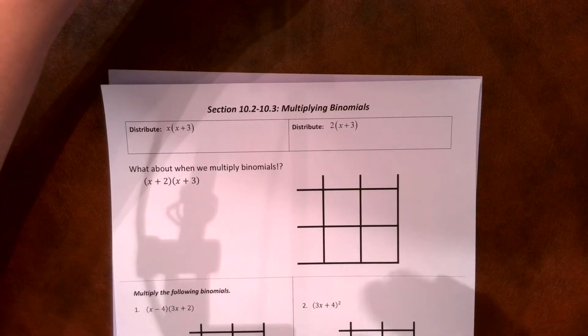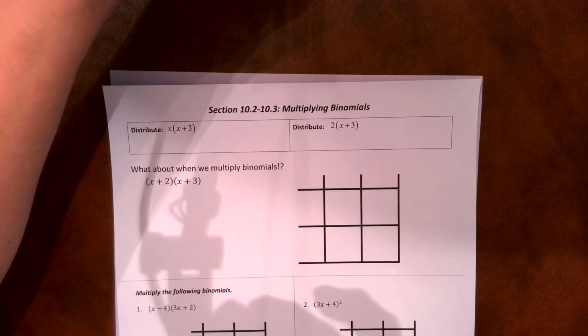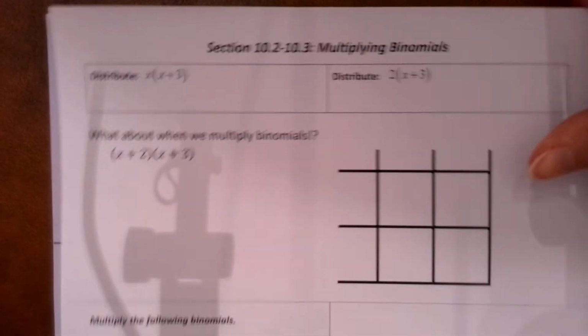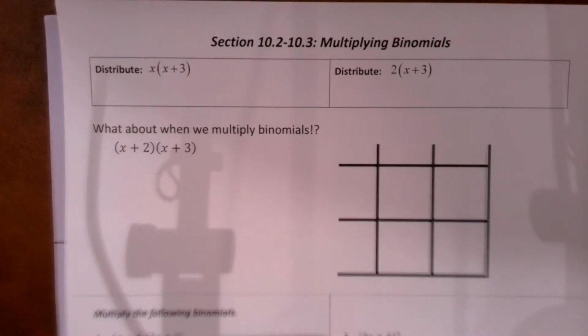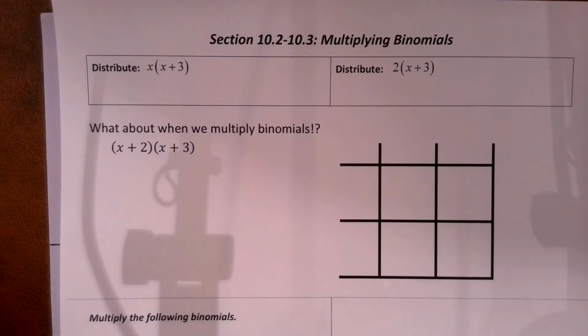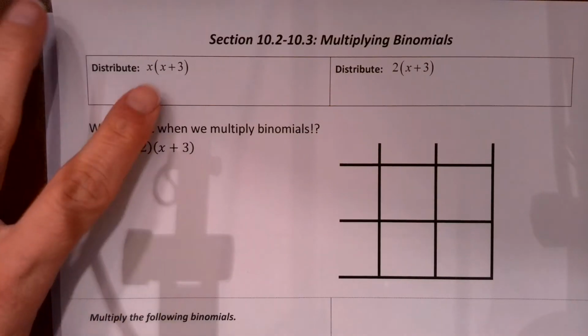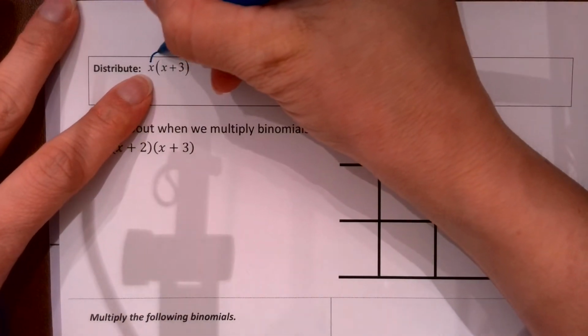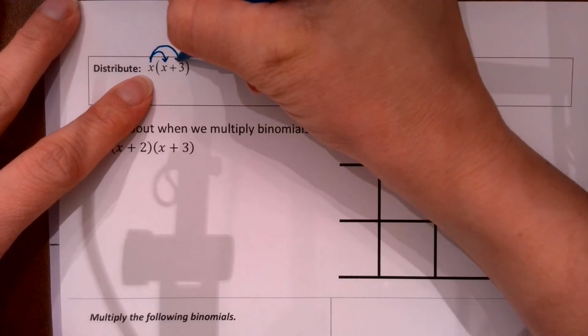So we've talked about distributing. What happens when we have something like this? Let's just review. Let's pretend this is a test. I'm going to distribute the test to both of these students.